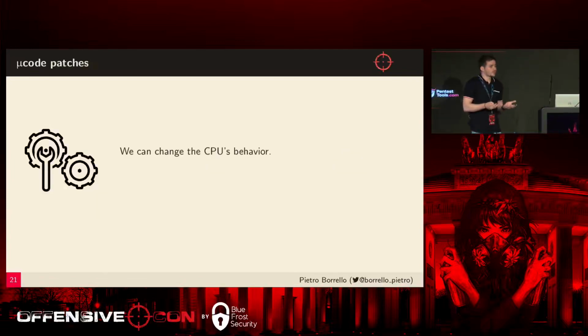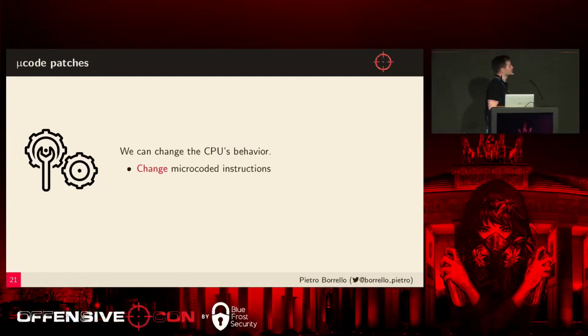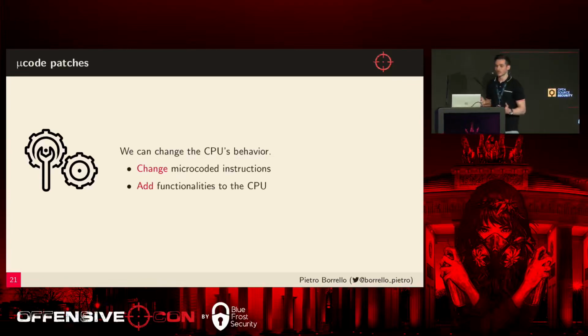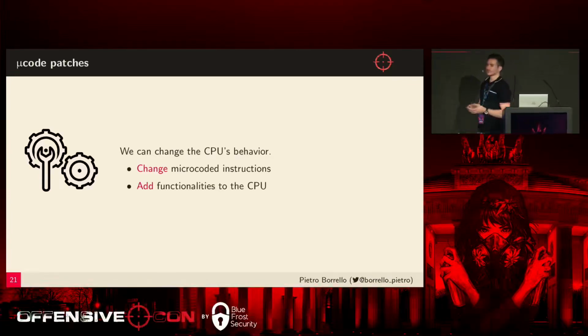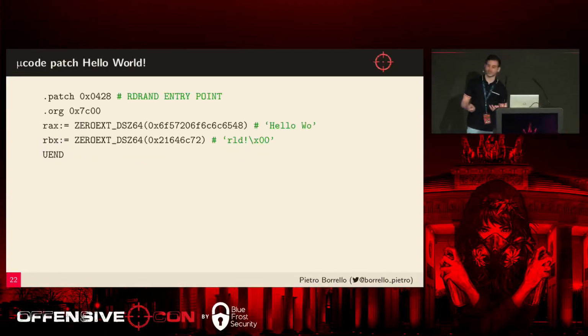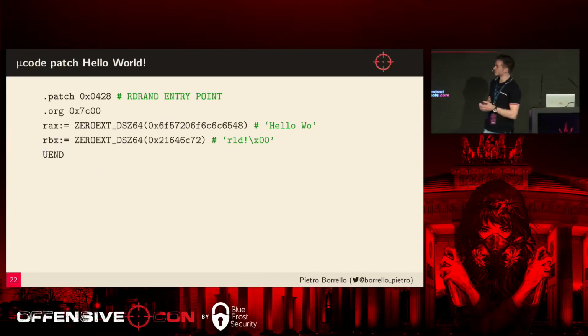So with microcode patches, I told you that we can change the CPU behavior. What this really means is that we can change the behavior of microcoded instructions. And for example, we can even add functionalities to the CPU. So what's the best way to introduce microcode patches if not showing you the microcode patch hello world?